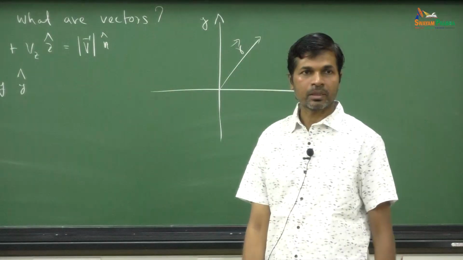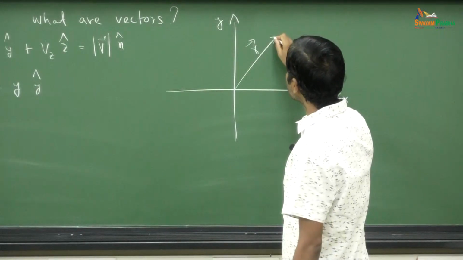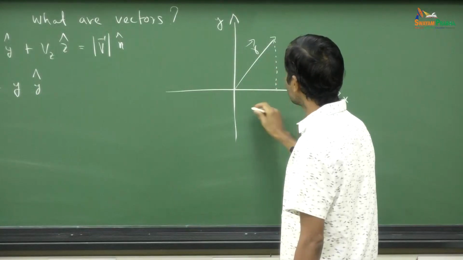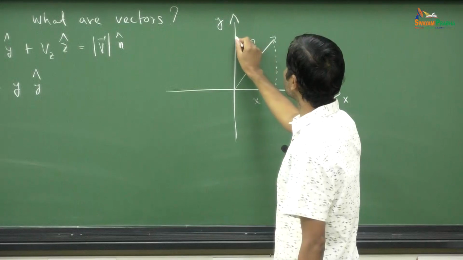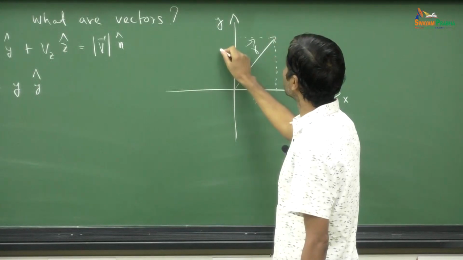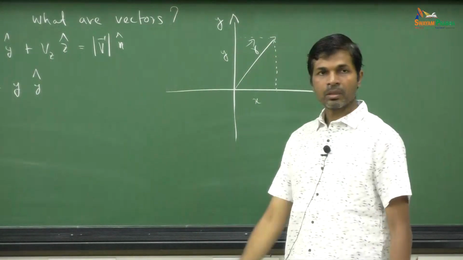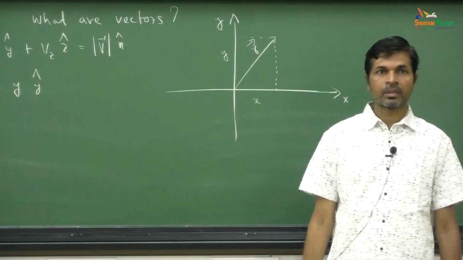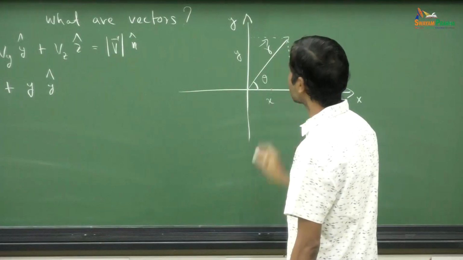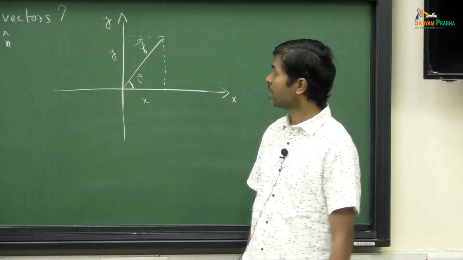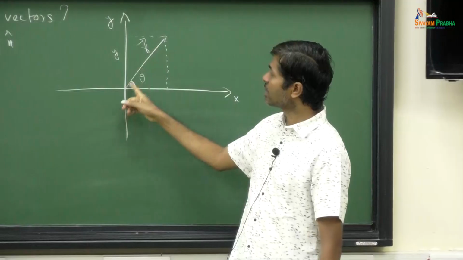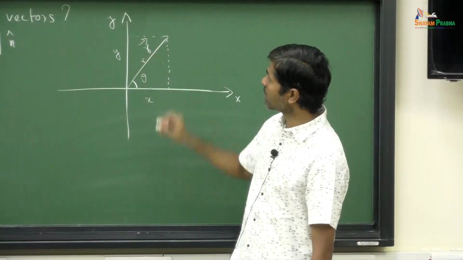and the projection here, this is x, and then this is your y. Okay. Suppose it makes an angle theta with respect to x axis, and let us say the magnitude here is small r without an arrow.